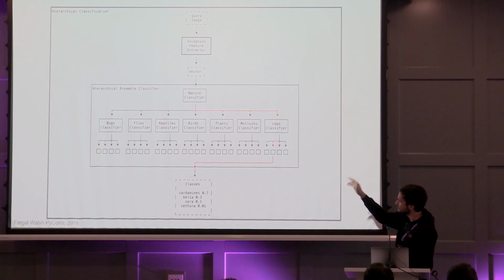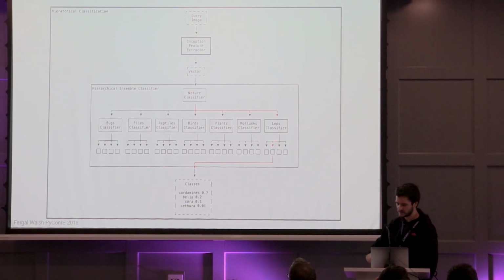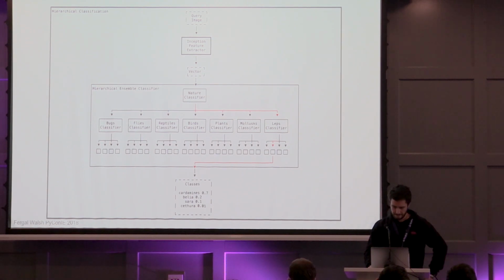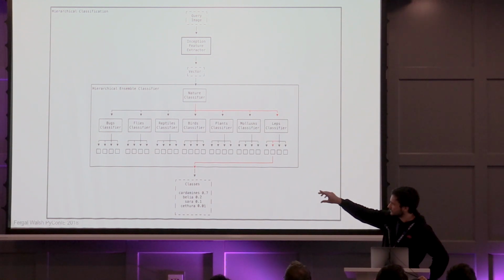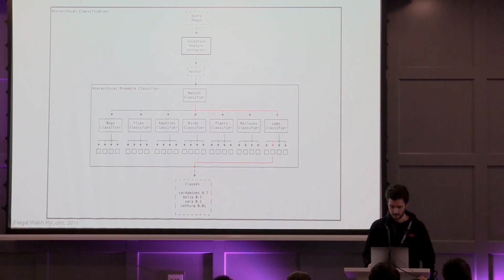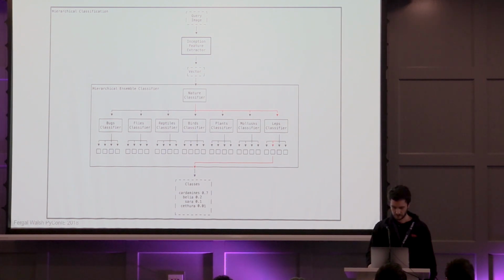It classifies into one of these high-level categories, and then it sends it, in this case, down into the Leps classifier, which then sends it to the genus level classifier, and then within that genus level, it classifies down to species level. In this case, I just show one line, but it can also take classes from a few different parts of the tree. It doesn't necessarily just get stuck down one path.